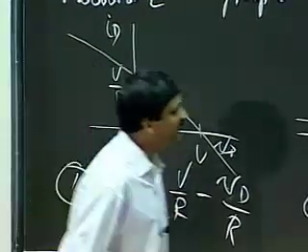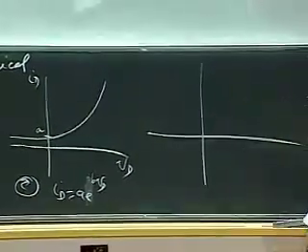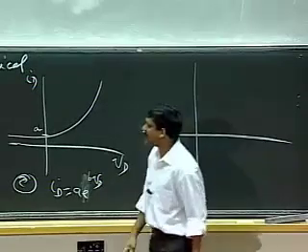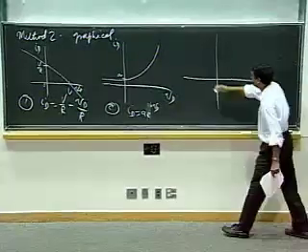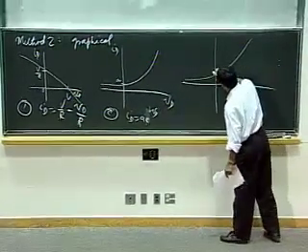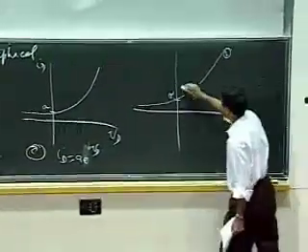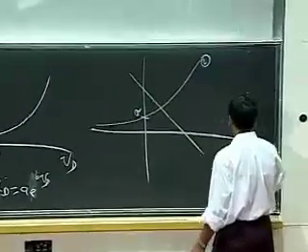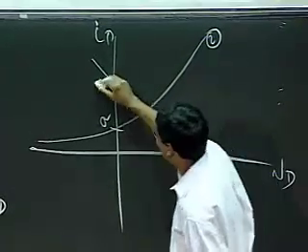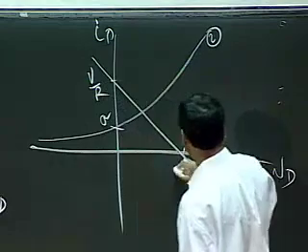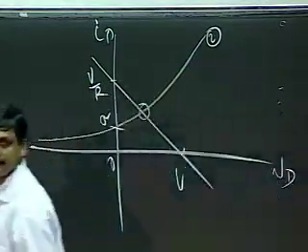So I can solve these by superimposing the two curves on the same VD-ID template and finding the intersection of the curves. I take this curve corresponding to 2, and this curve corresponding to 1, and this is V divided by R, and this is V, and I can find the intersection point.